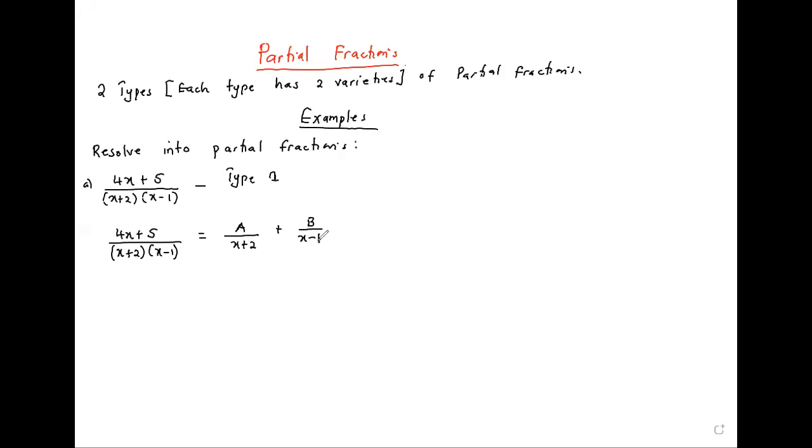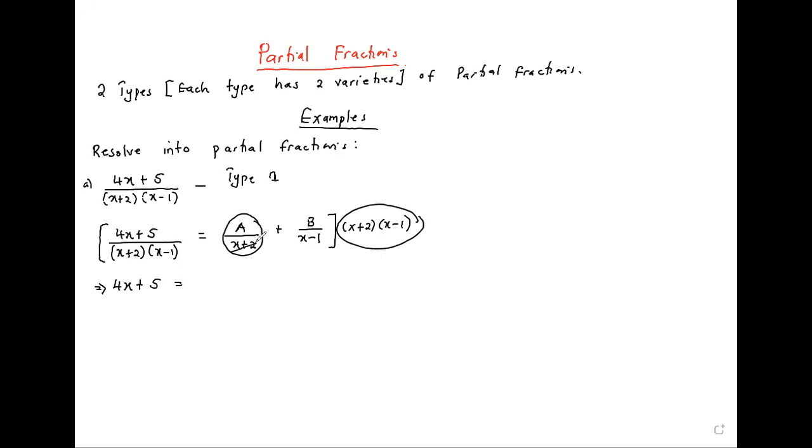Your first step is to multiply this whole thing by x plus 2, x minus 1, so that we have this guy here multiplied by that guy. The denominator will cancel with that thing there. So we'll remain with 4x plus 5 is equal to this one multiplied by this one.